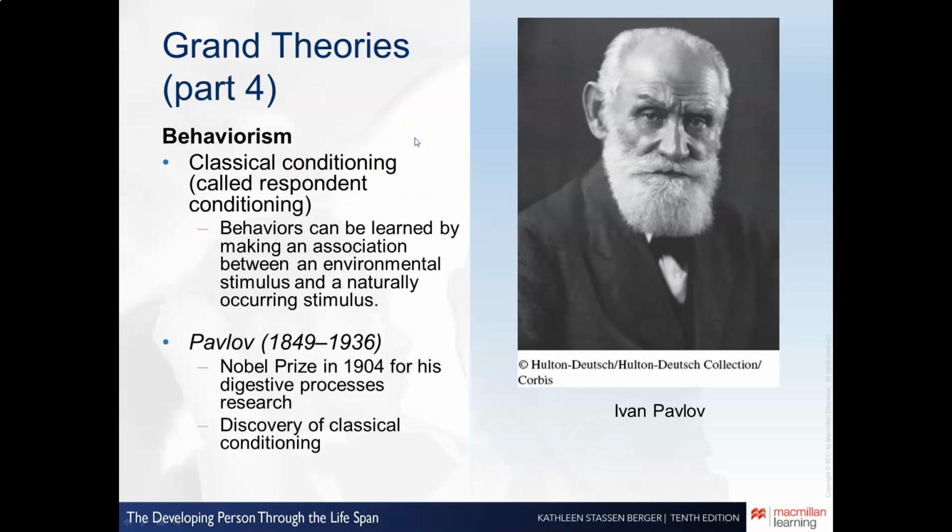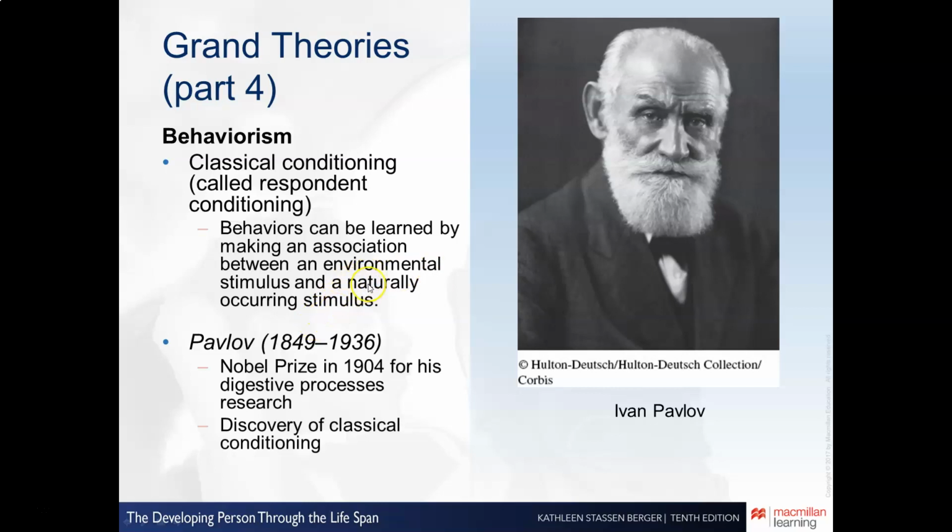Classical conditioning is when a behavior can be learned by making an association between an environmental stimulus and a naturally occurring stimulus. So like I said before, I gave the example of the salivating dogs with the sound of a bell. The naturally occurring stimulus was the dog food.